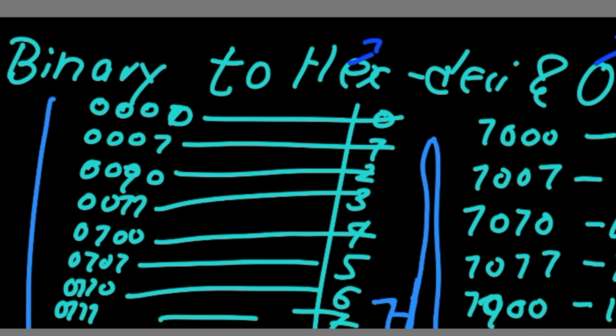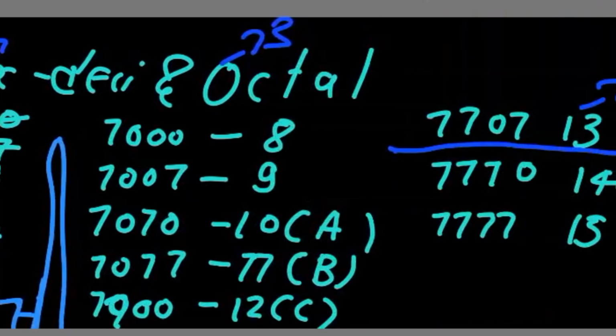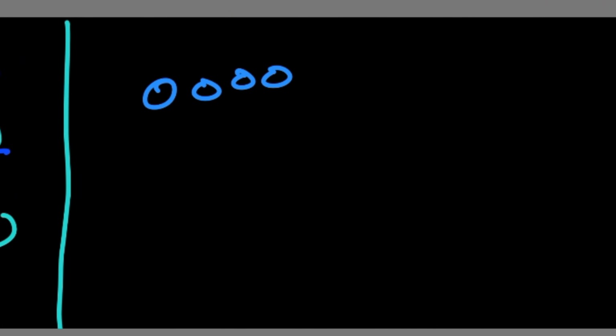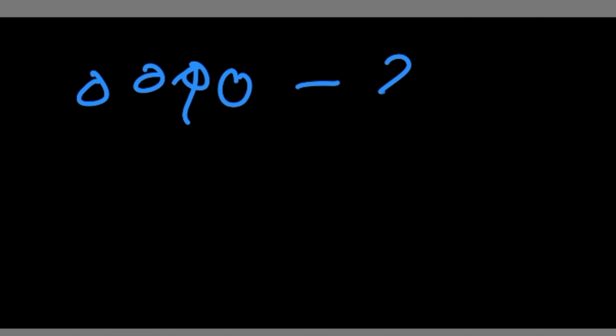What is happening is the number is increasing by 1. You might not see it, but it is increasing by 1. For example, starting with 0000, plus 1 gives us 0001. Let's add another 1. 1 plus 1 is 10, as we have learned in binary arithmetic, so it becomes 10.